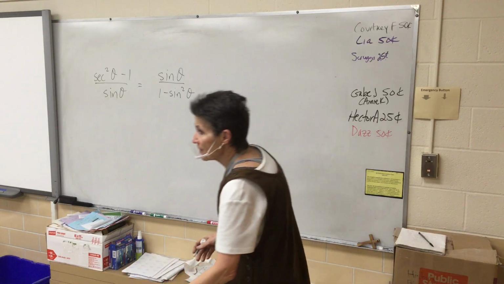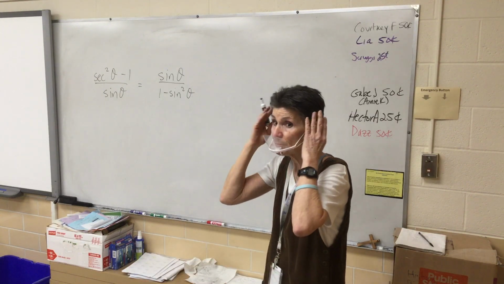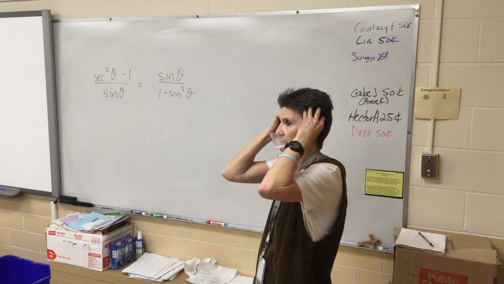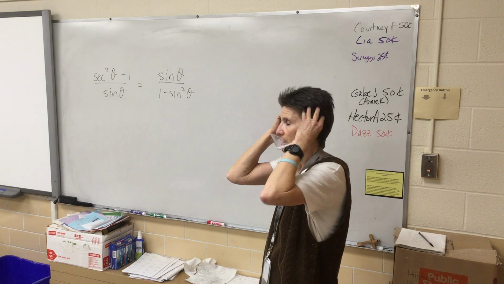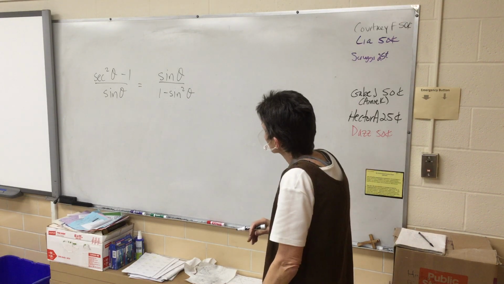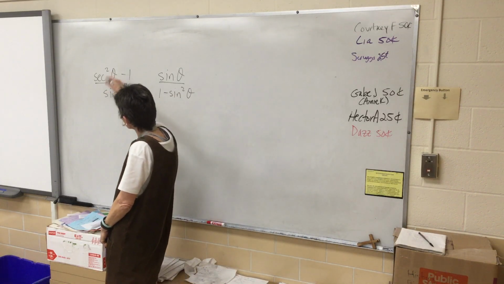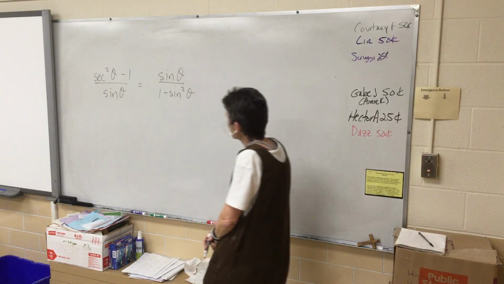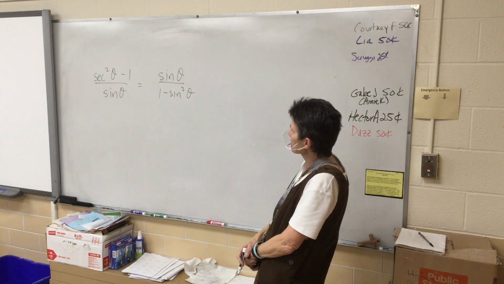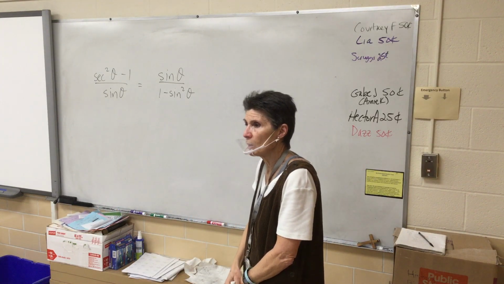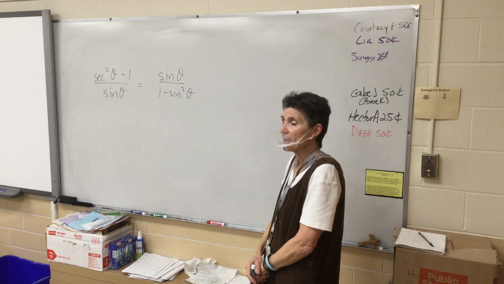All right, so I want you to think about what you've memorized. Think about what we've got over there, because I think we'll start over here. This kind of looks a little confusing with secants and sines. Does secant squared minus 1 pop out at you?